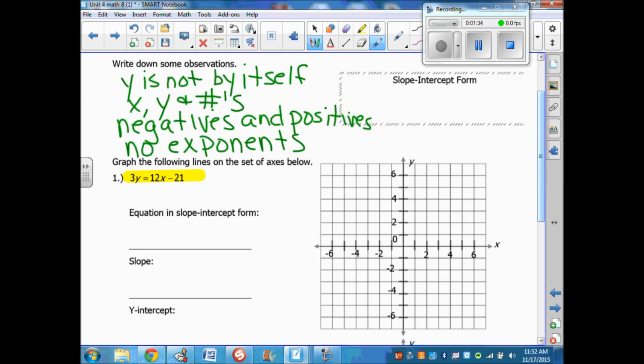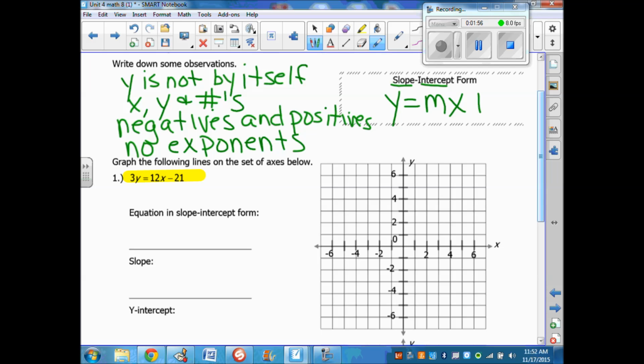So what we need to get to is, when we're looking at these two equations and writing down our observations, we want to get to something called slope-intercept form. Slope-intercept form looks like this: y equals mx plus b. Notice y is by itself.